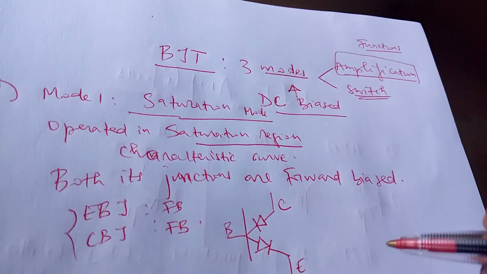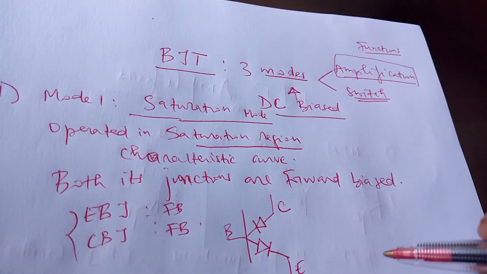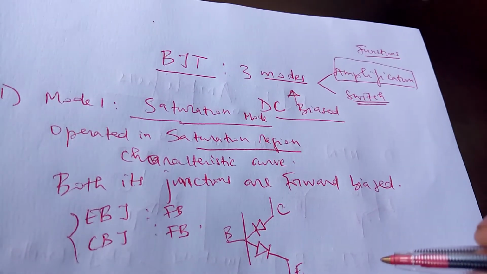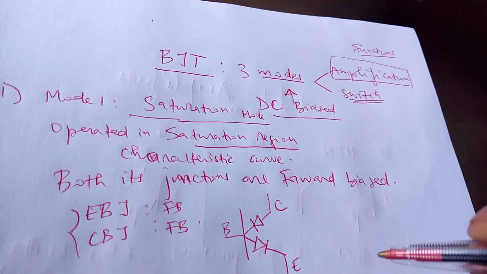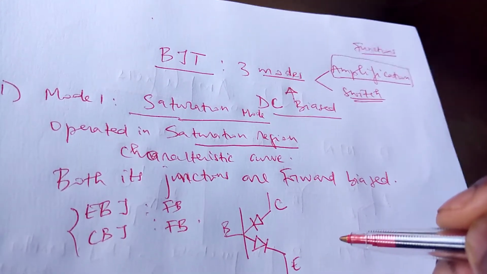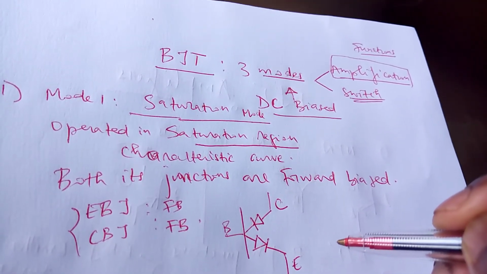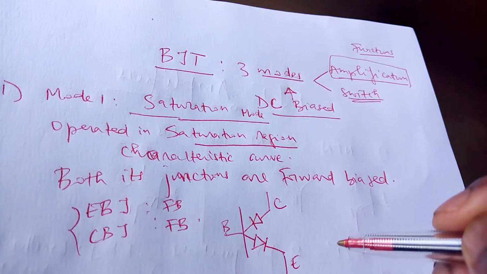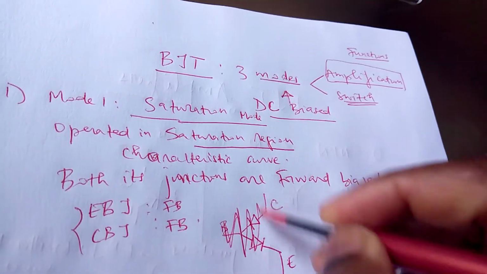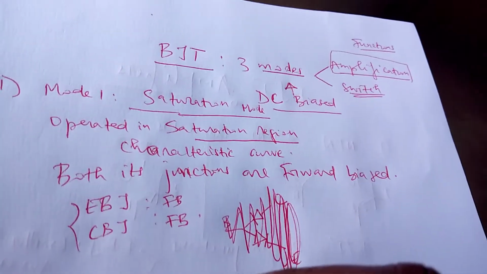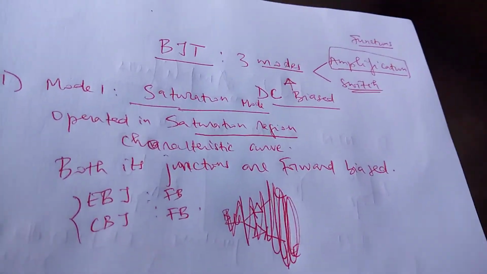Now, when a transistor is operated in saturation region, both junctions are forward biased. What that means is, let me apply my mind again here quickly.